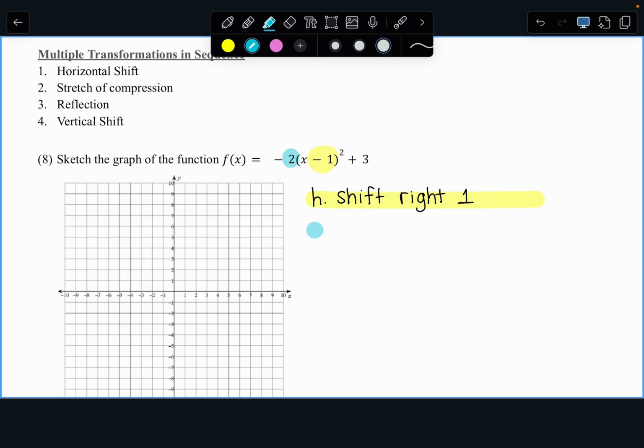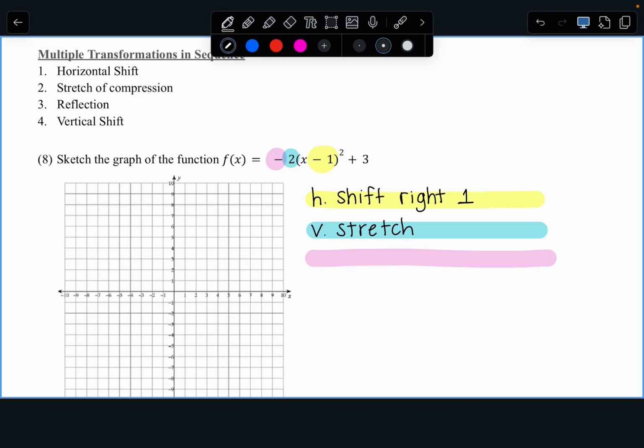This 2 is outside of those parentheses. That tells me it's going to be a vertical stretch. It's outside of there. That's a vertical stretch. This negative is a reflection, but where does it reflect?